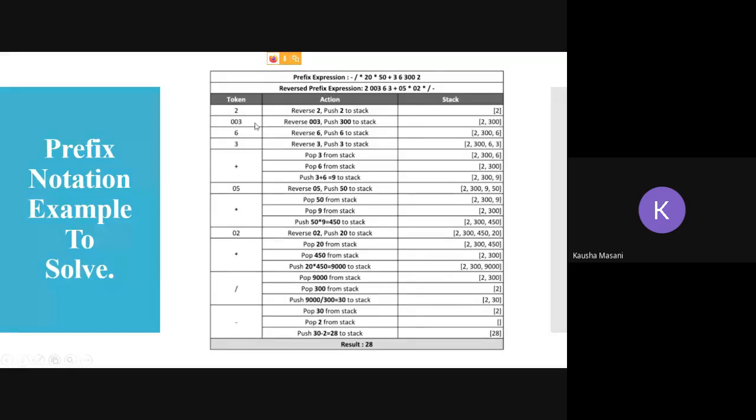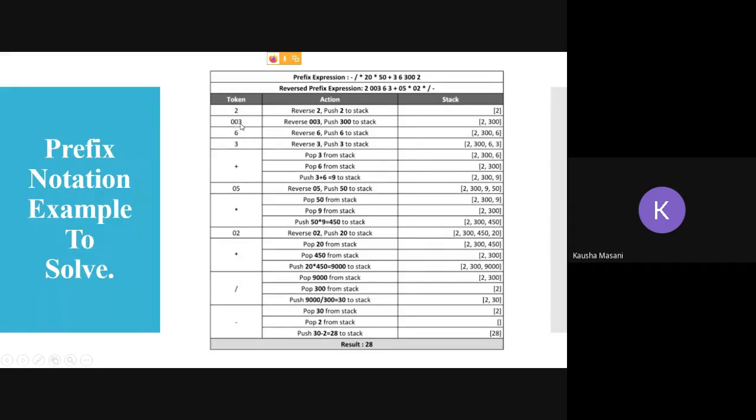Then what they have done is they have scanned each token. This is your token. So 2. Now 2 is a unit digit, nothing to be reversed, so 2 remains as it is. So 2 is pushed. Now next is 003.